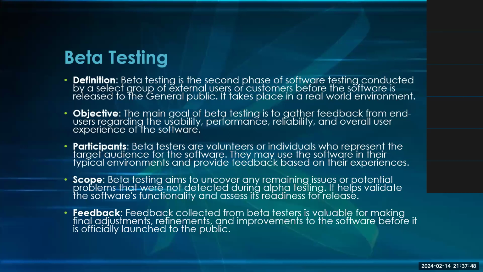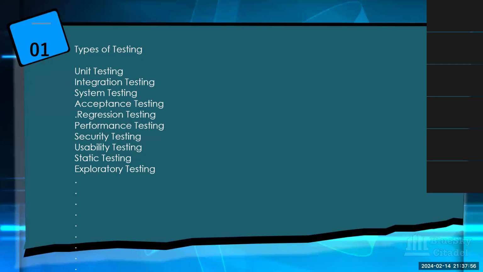So here we also have types of testing. I just listed all these types of testing, which we have had most of them. We have unit testing, integration testing, system testing, acceptance testing, regression testing, performance testing, security testing, usability testing, static testing, and exploratory testing.